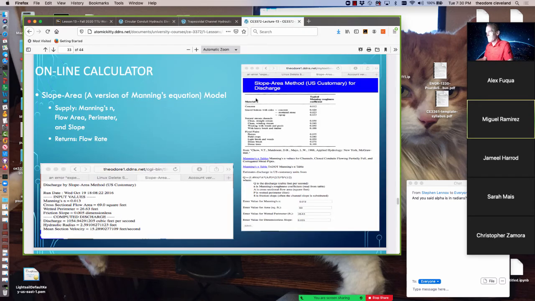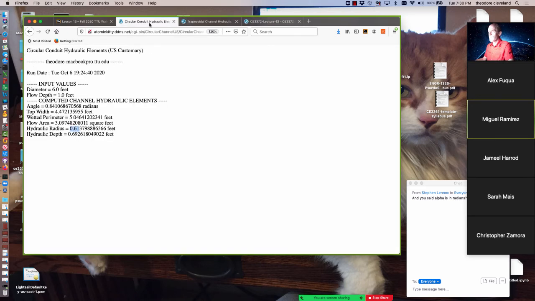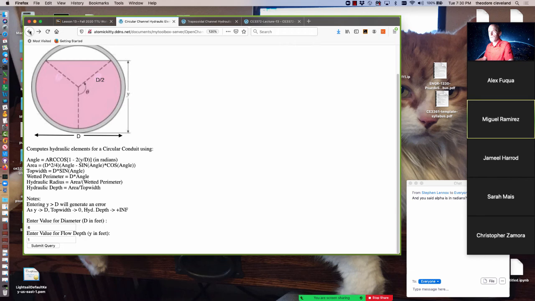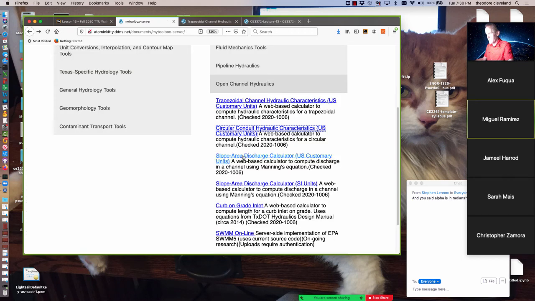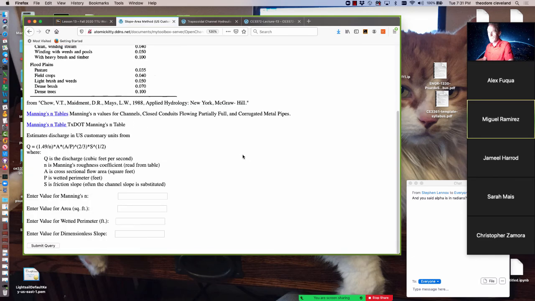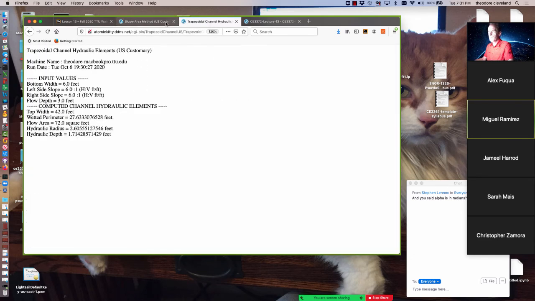So we have this slope area tool. If we have done the hydraulic calculator, in this case trapezoidal channel, and we want to determine discharge, we can use the slope area calculator, and we would simply supply the flow area. It needs to know that.